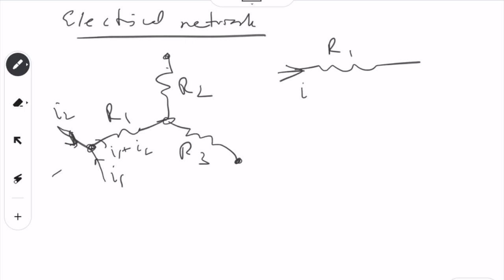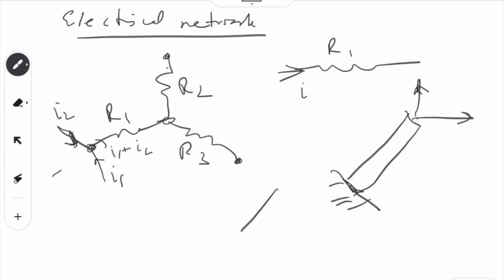Unlike the case when you have a bar, something like this one, then it matters whether your force is this way or that way. See, it matters. Things will be different if you fix it like this one, and if you apply a load like this, then this beam will bend like this. If you apply load like this one, it will go like this.